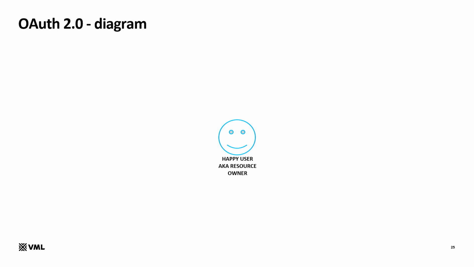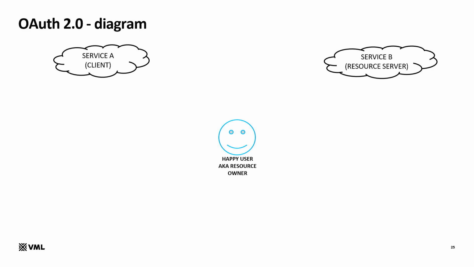So again, let's start with the happy user. We have a service A here, the client, like an application client. We have service B, which is a resource server. Service A wants service B to share some data with it. And so the user starts that process.